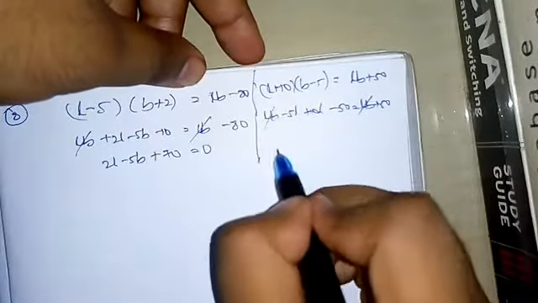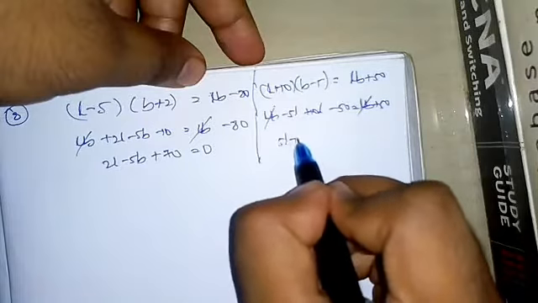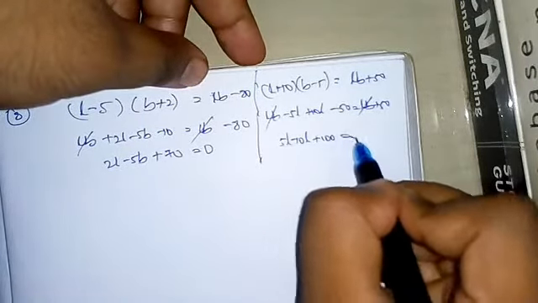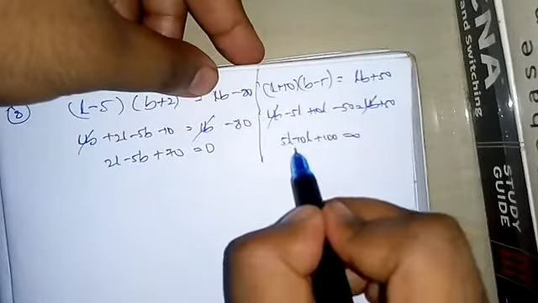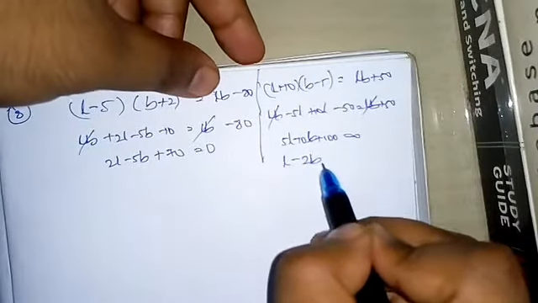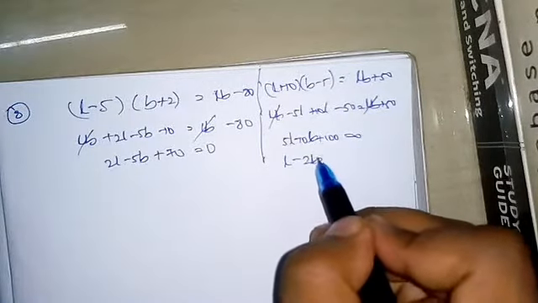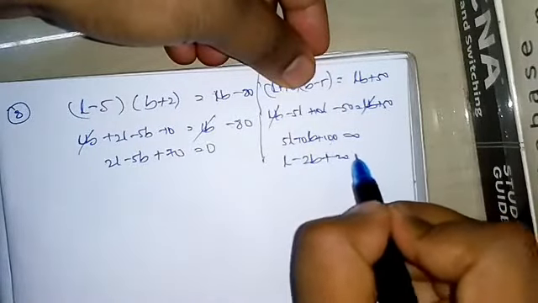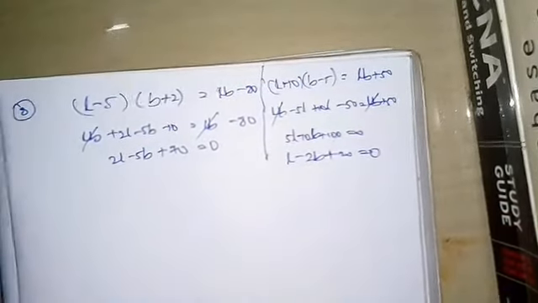LB gets cancelled. So 5L minus 10B plus 100 is equal to 0. If you further simplify, dividing by 5, you get L minus 2B plus 20 is equal to 0. This is the second equation.